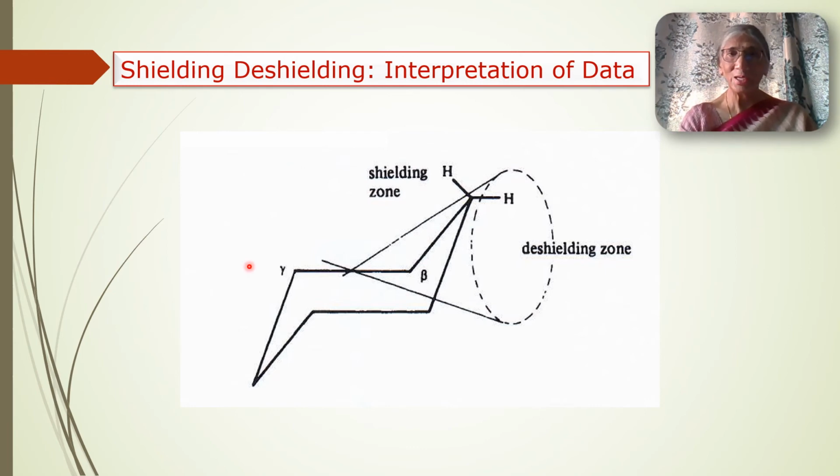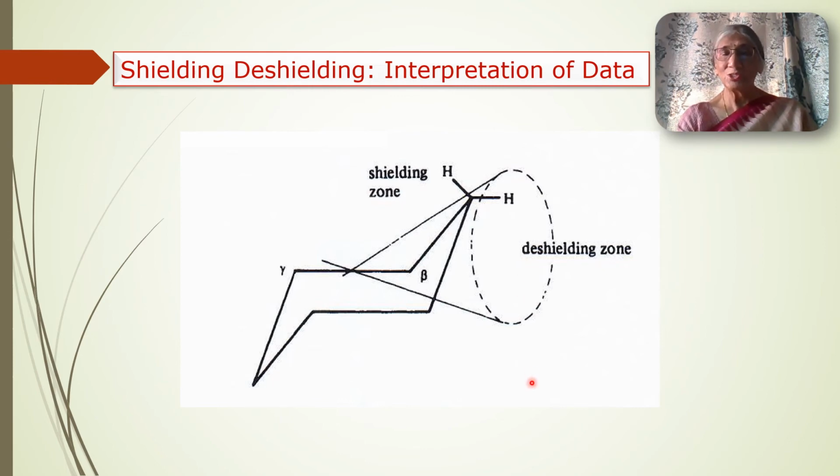But we know cyclohexane is present in the chair form, not in a plane. It is a puckered structure. So when it forms a chair structure, then the protons are axial and equatorial protons. 6 protons are axial and 6 protons are equatorial protons.